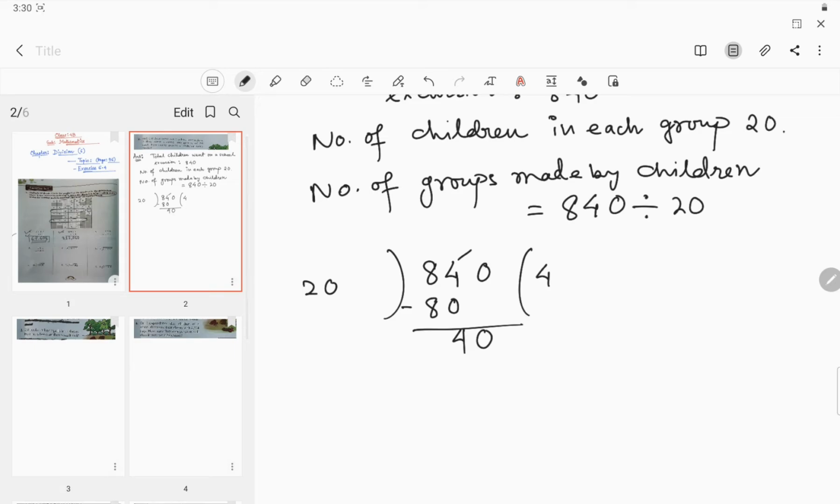Now 40 is the dividend, 2 20s are 40, so the remainder is 0. So how many groups were made by the children? The answer is 42 groups. Is that clear? Okay.